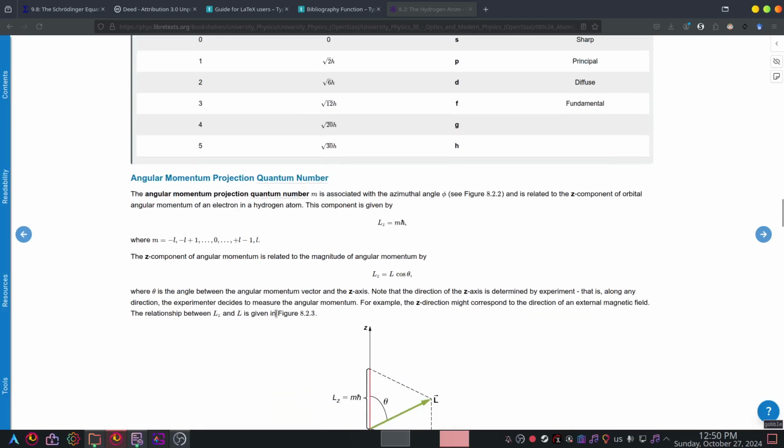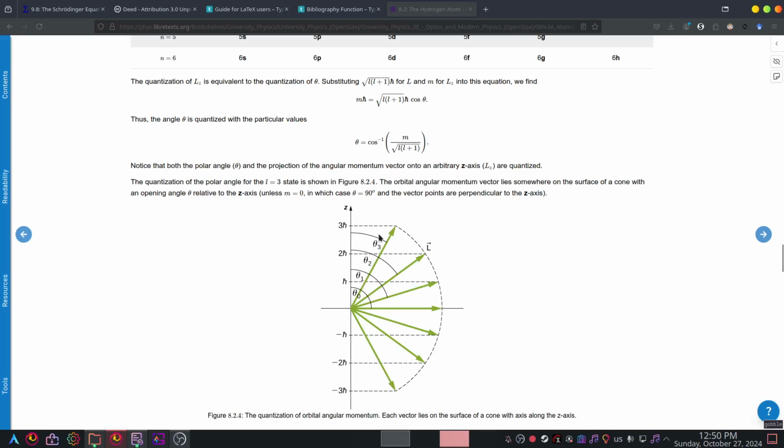Not only that, there's the angular momentum projection quantum number. If you take a look here, you can see that this L, the angular momentum, is a vector. Depending on where you point the L, that M quantum number will change.